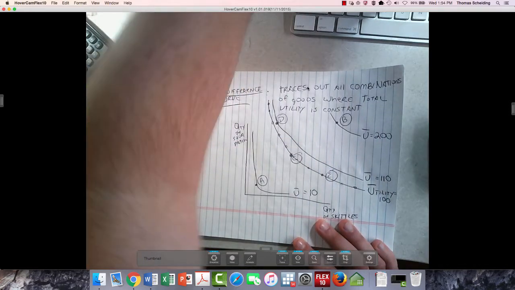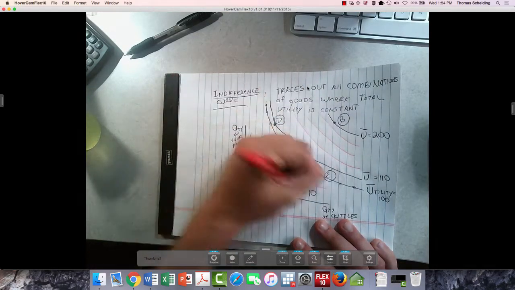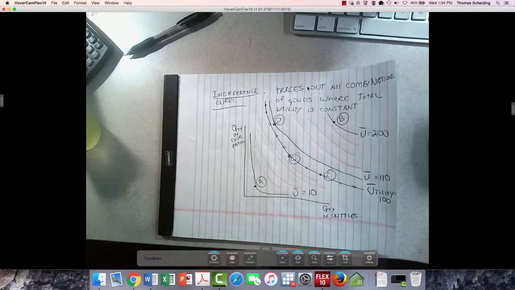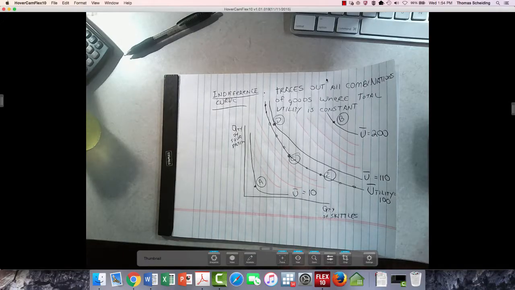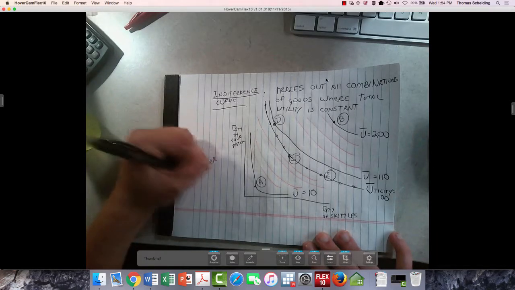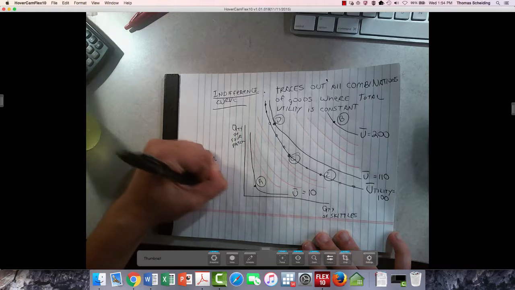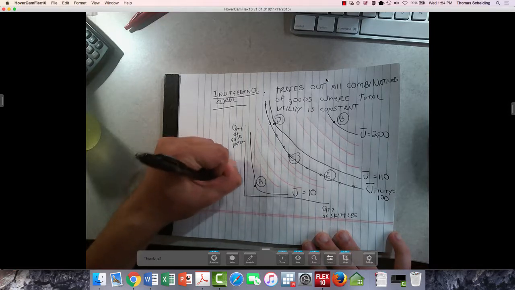We would also imagine that this space is just filled with a large number of points covering that entire space. And what we see is that higher indifference curves are preferred to lower.